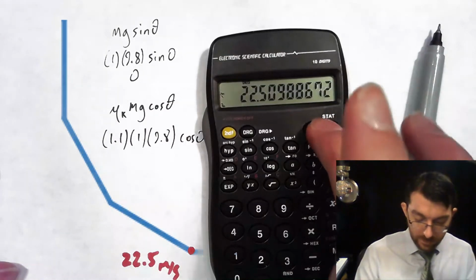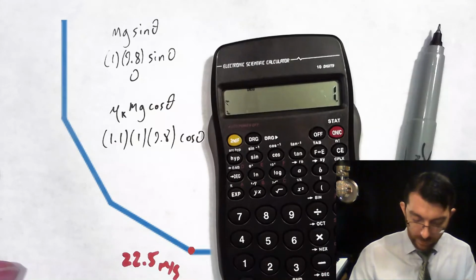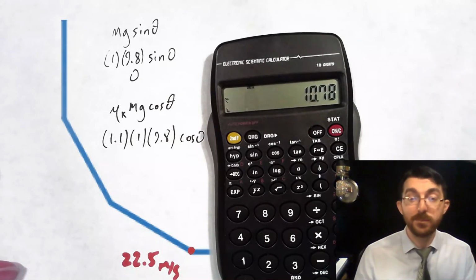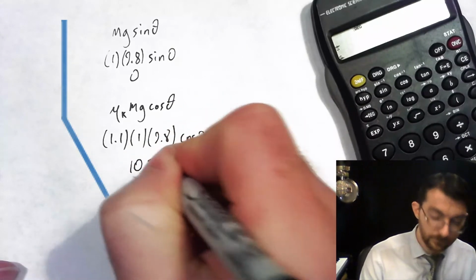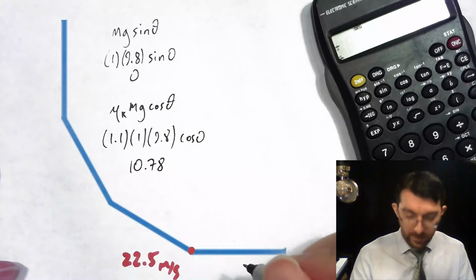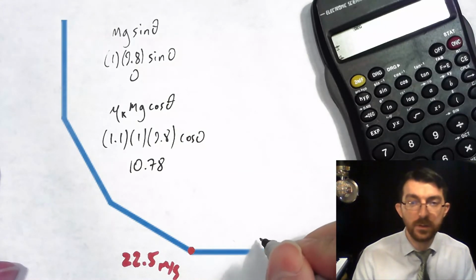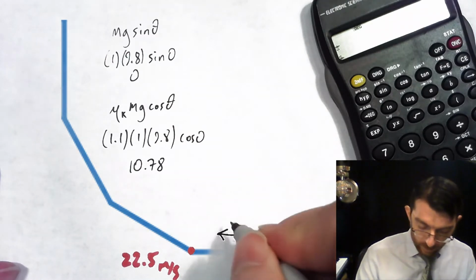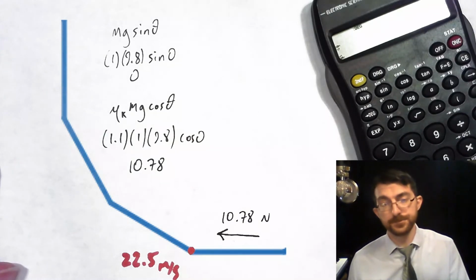So 9.8 times 1.1, times 1 a couple times, 10.78. Which means on this last little segment, the only force acting is 10.78 newtons of friction, slowing it down.